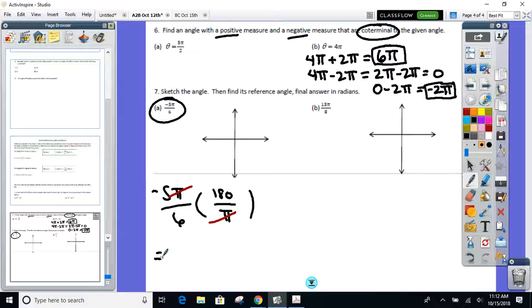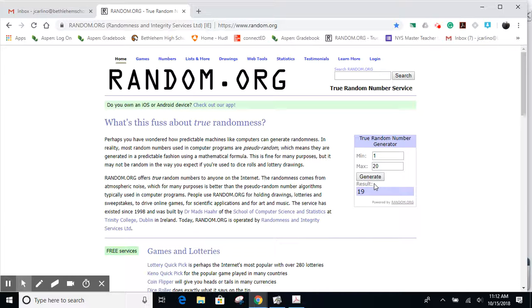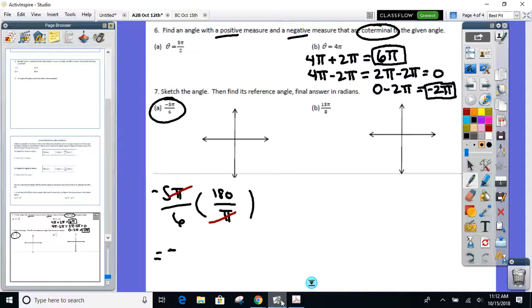What is negative 5 pi over 6 in degrees as you multiply all that through? Negative 150. All right, can we graph negative 150?